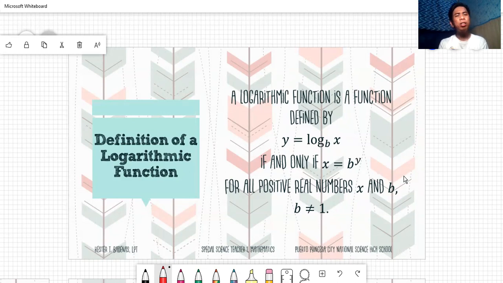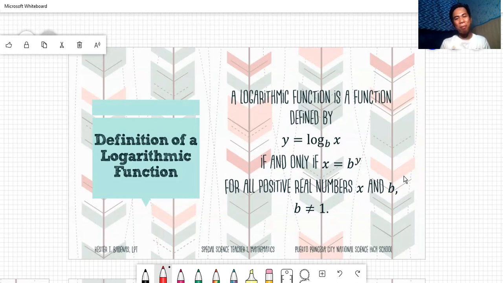Those are extremely large or extremely small numbers. The job of a logarithm is to express those large or small numbers in an easier notation. That's why we have logarithms, the log.